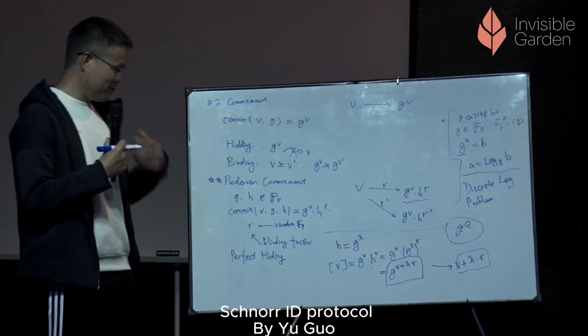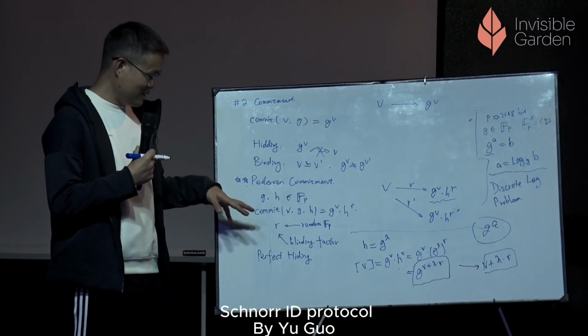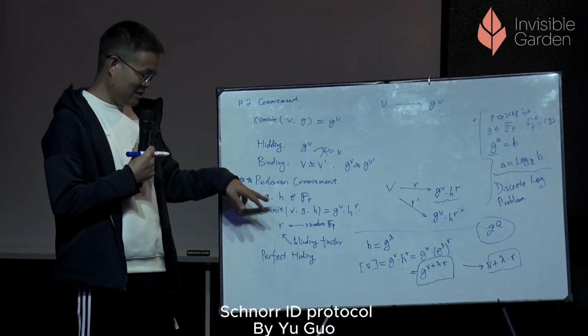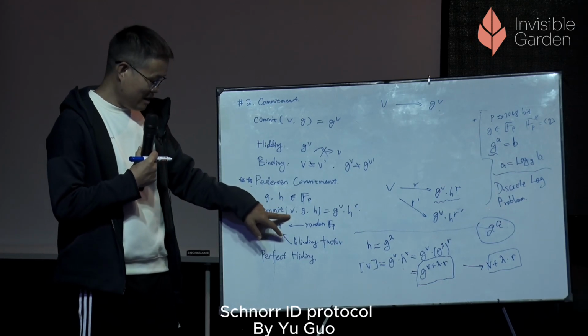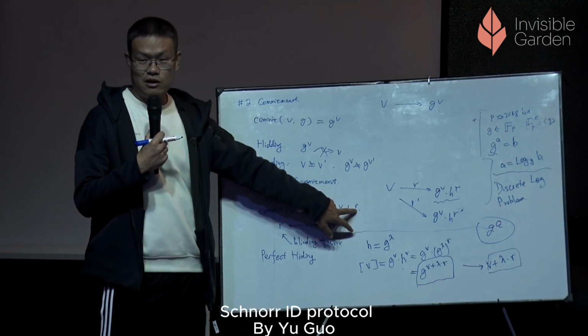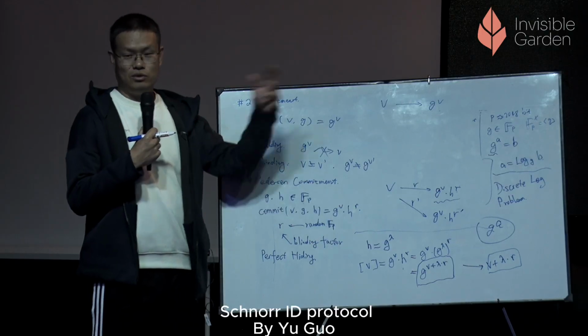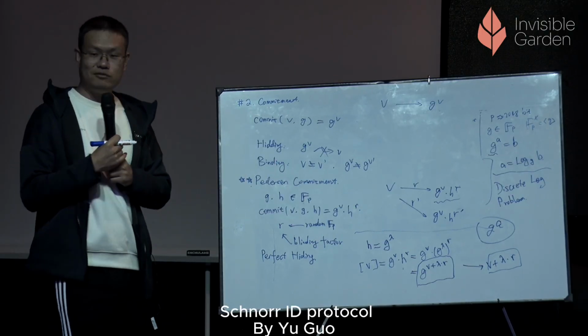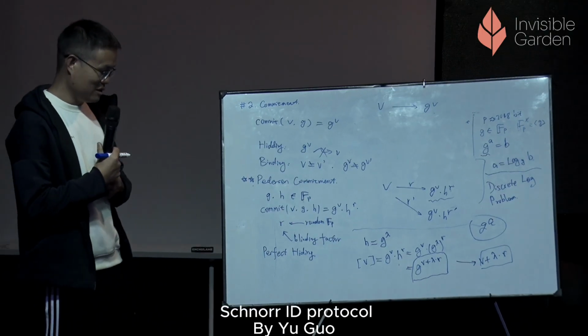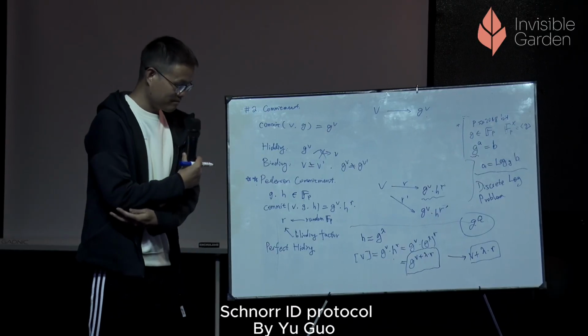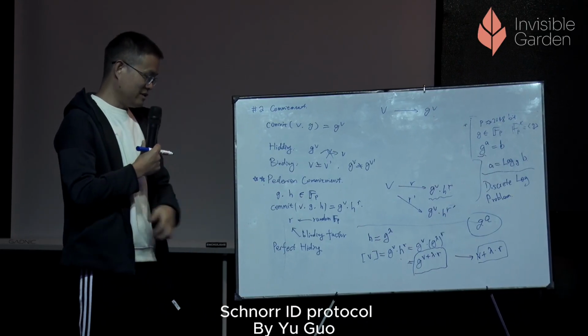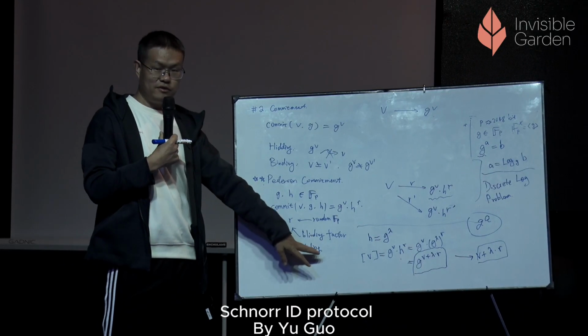So if we keep both the private value V and the blinding factor R secret, then we'll be safe, even after the quantum computer. Okay, this is what I call perfect hiding.